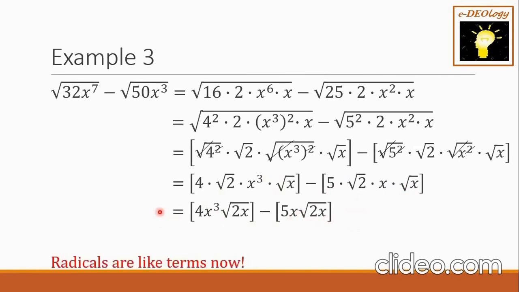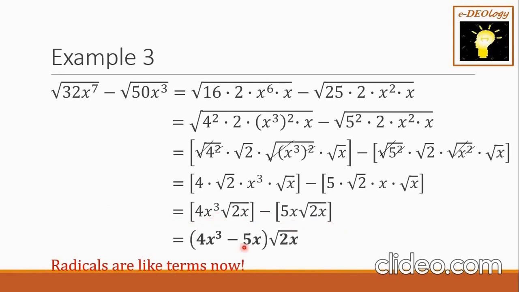Now on this line, we can observe that we have like radicals. It means we can now apply our rule of subtraction of like radicals. So we're going to subtract the coefficients of the radicals. In the first group, we have the 4x cubed as the coefficient, and then minus. In the second group, the coefficient of the radical is 5x.